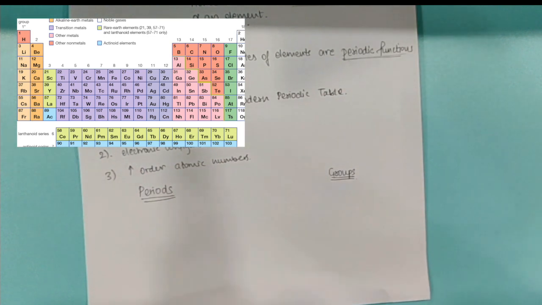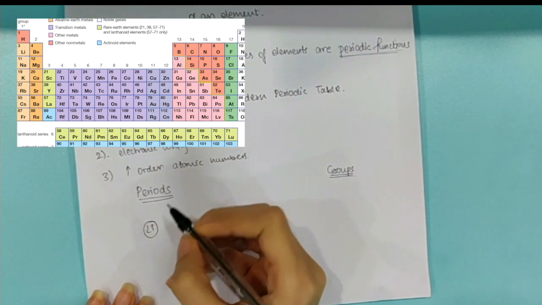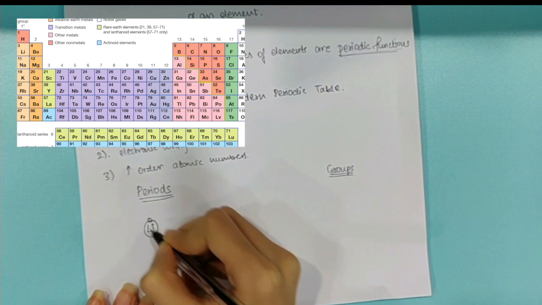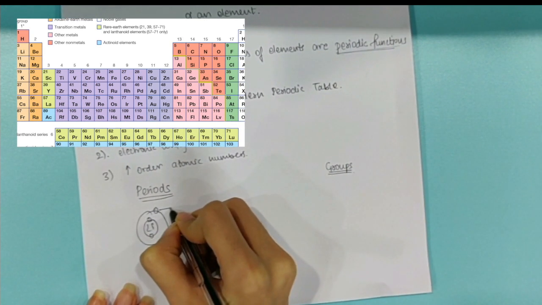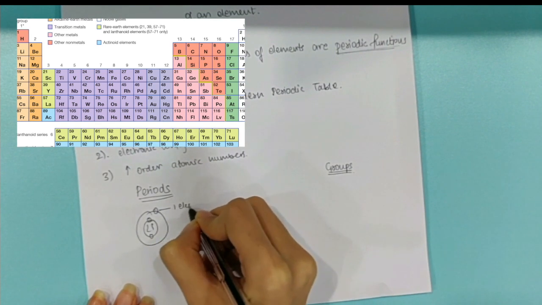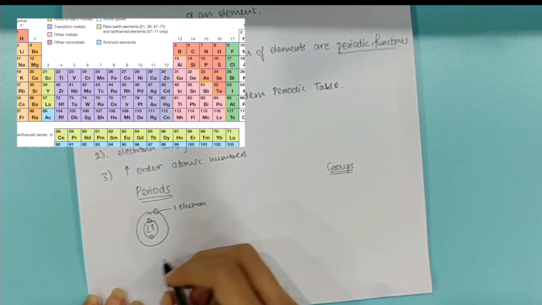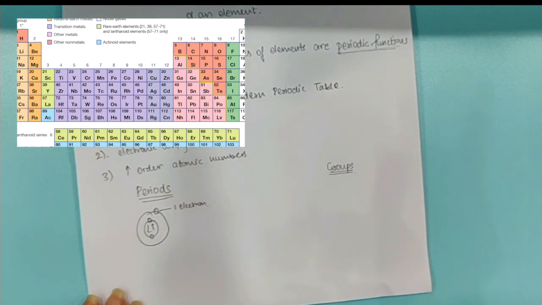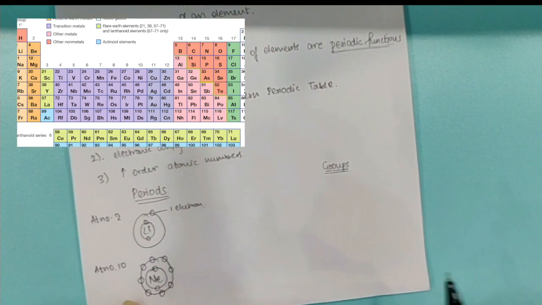For example, if you look at period 2, the element lithium with an atomic number 3 has only 1 electron in the outermost shell, and if you look at neon, which is the last element of period 2, it has a completely filled outermost shell with 8 electrons.